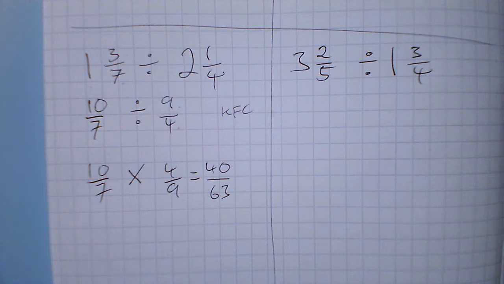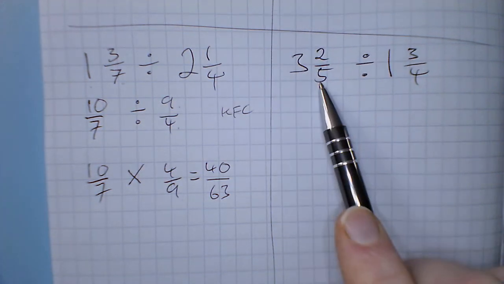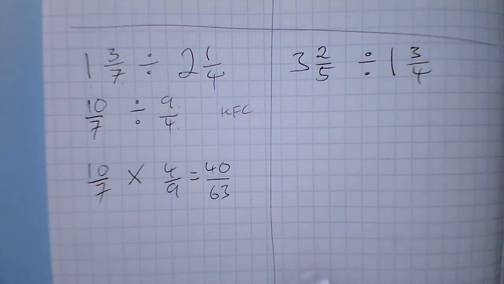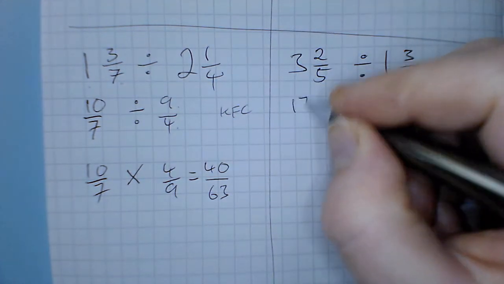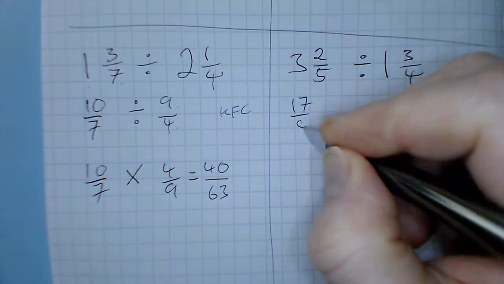Okay, here I am, as promised. 3 2/5 divided by 1 3/4. I'm going to first of all convert the mixed numbers into improper fractions. So 3 5s are 15, plus 2 is 17 over 5.